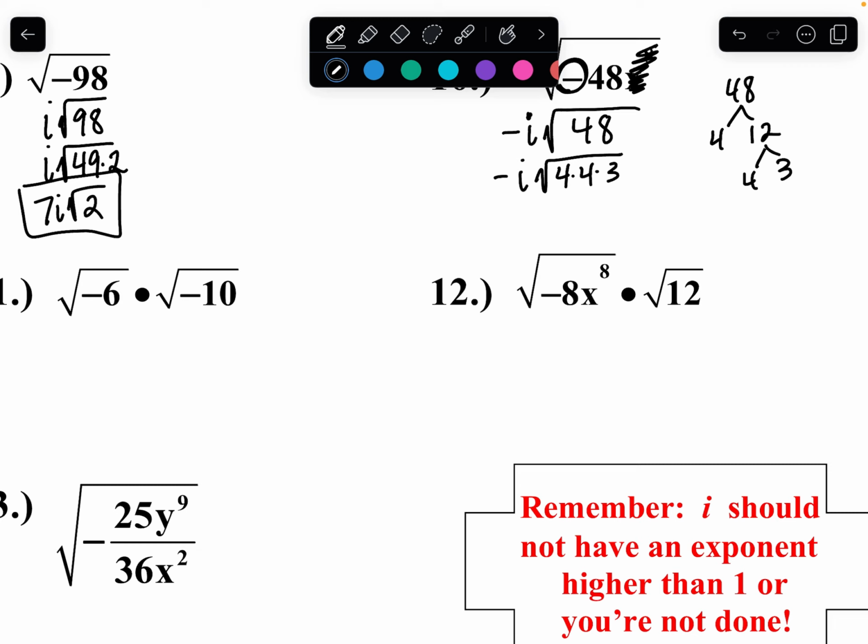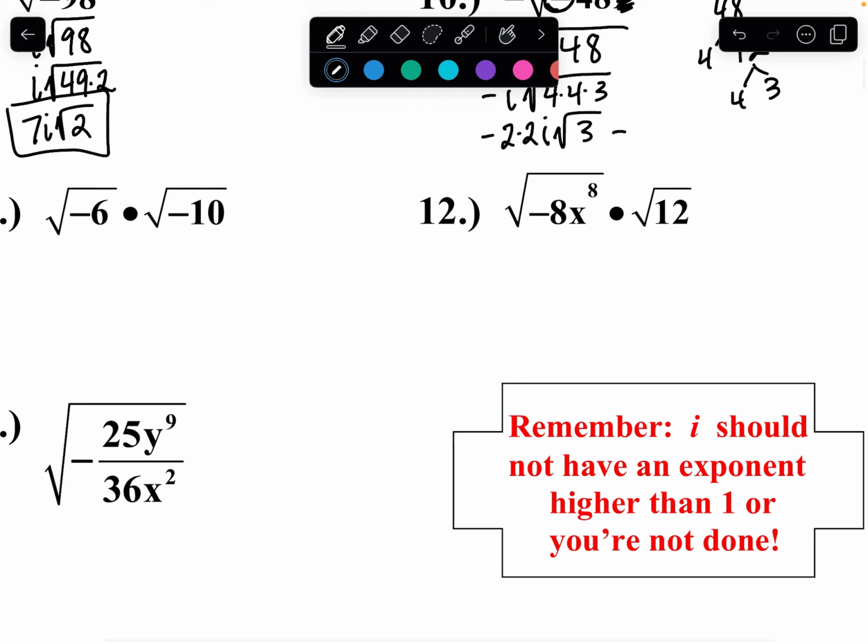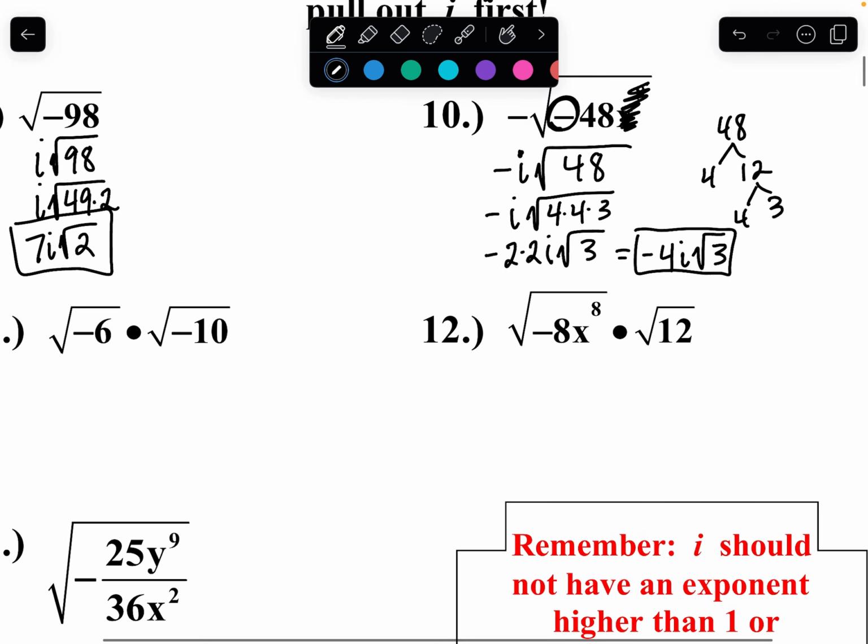So if we take a 2 out, and another 2 out, and then the i, we have a square root of 3. And so the simplified final answer would be -4i square roots of 3. We could have just done 16 times 3, but it wasn't coming to me.